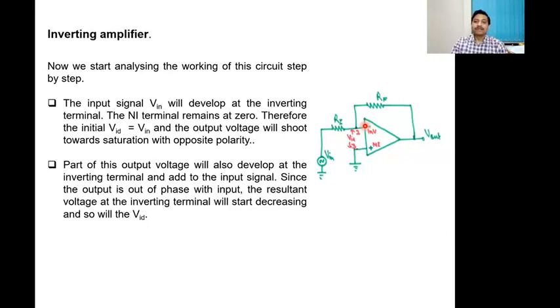So that's what the feedback is doing. Initially V out starts at V saturation, but as the feedback kicks in and things settle down, V out starts to come down.